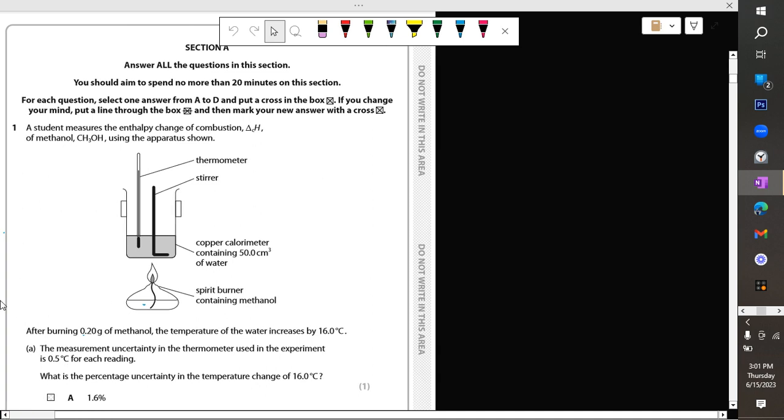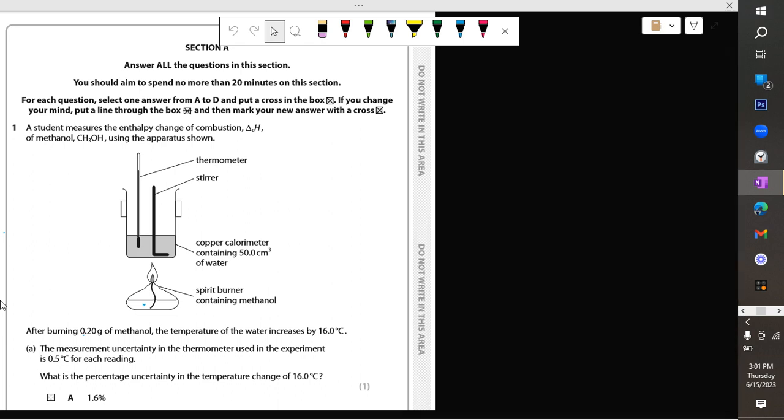The student measures the enthalpy change of combustion of methanol, CH3OH, using the apparatus shown. There is a thermometer, a stirrer, and a copper calorimeter containing 50 cubic centimeters of water.